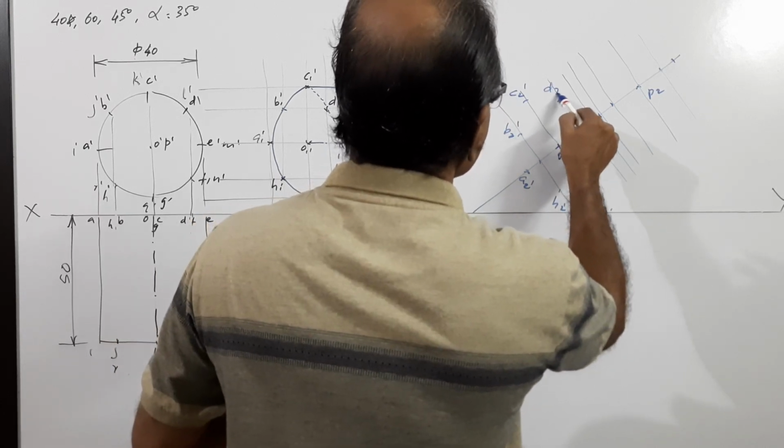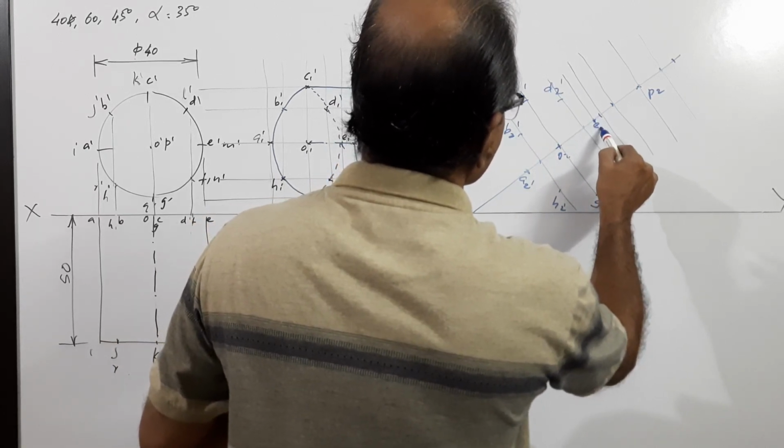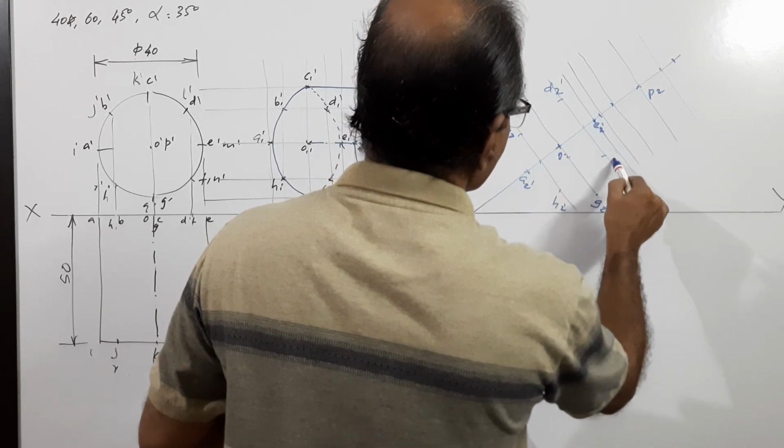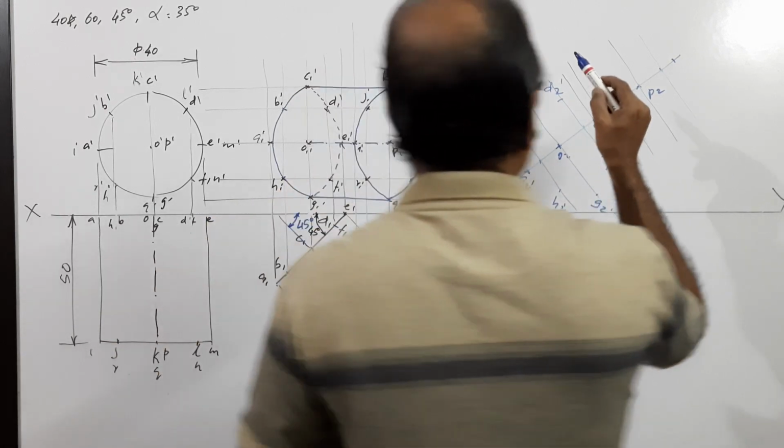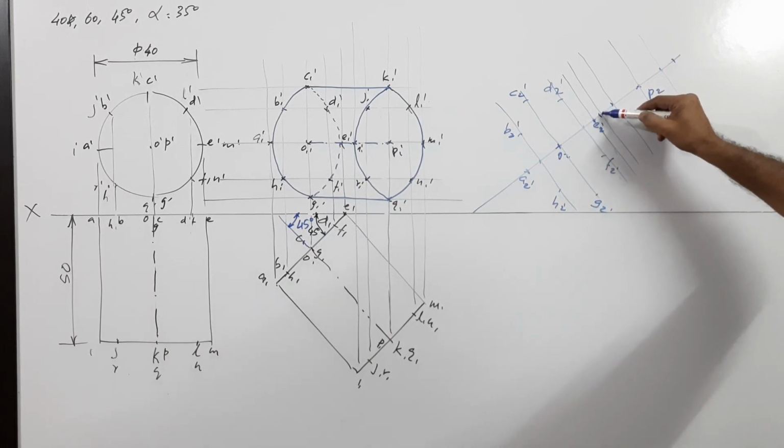Then this, C, D, E, F. Similarly, mark here also. What is this? This is I2 dash.